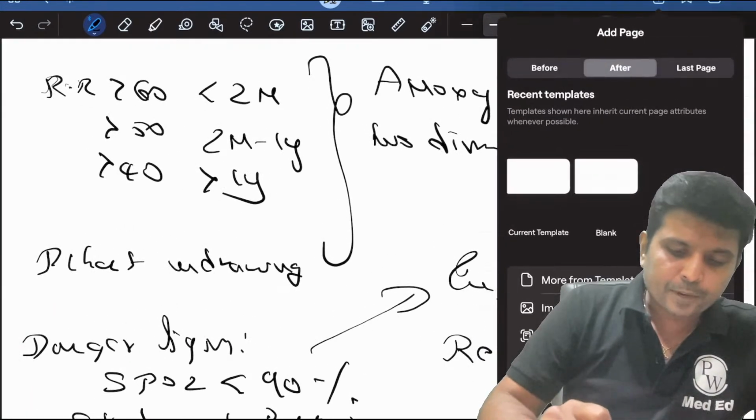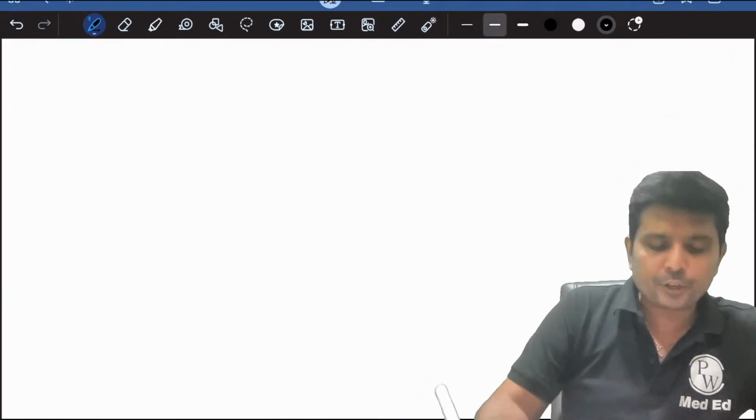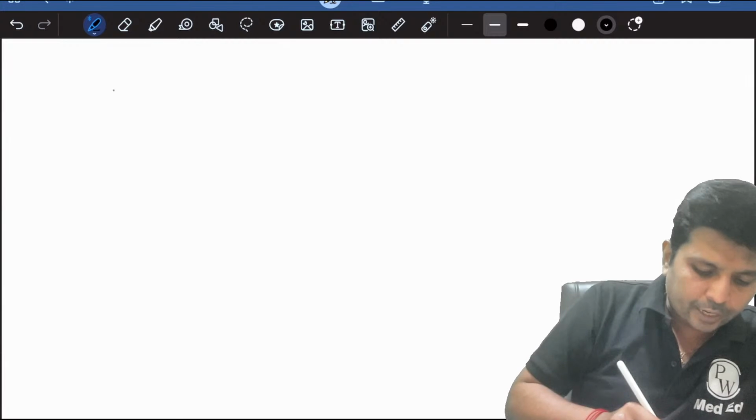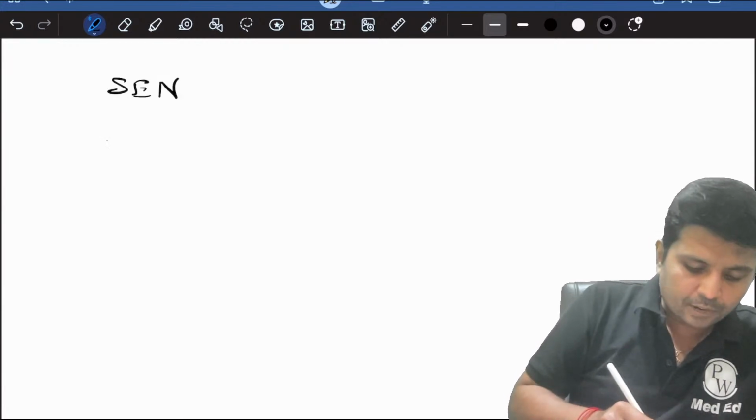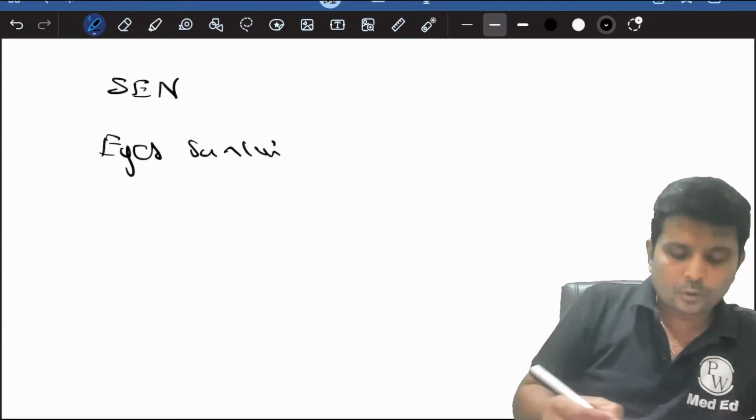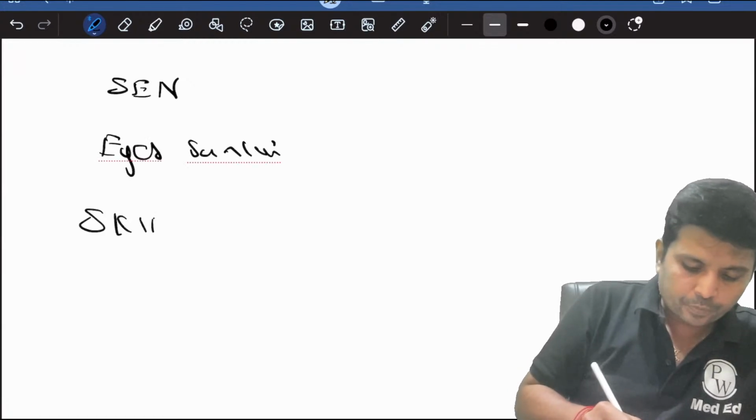This is called severe dehydration, right? And with respect to diarrhea, what are all the things that you need to know from starting to bottom? One is sensorium. Second one is eyes sunken or not. Third one is skin pinch.